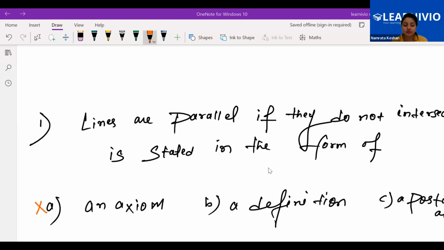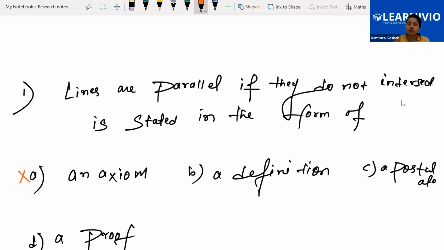Is it there? Go through the axioms. Is this statement written over there? Lines are parallel if they do not intersect. Is it there? No.